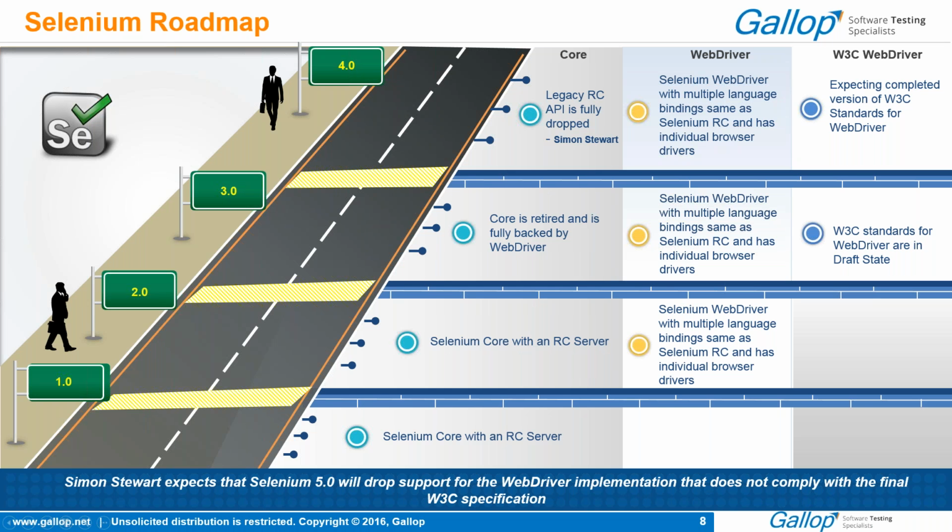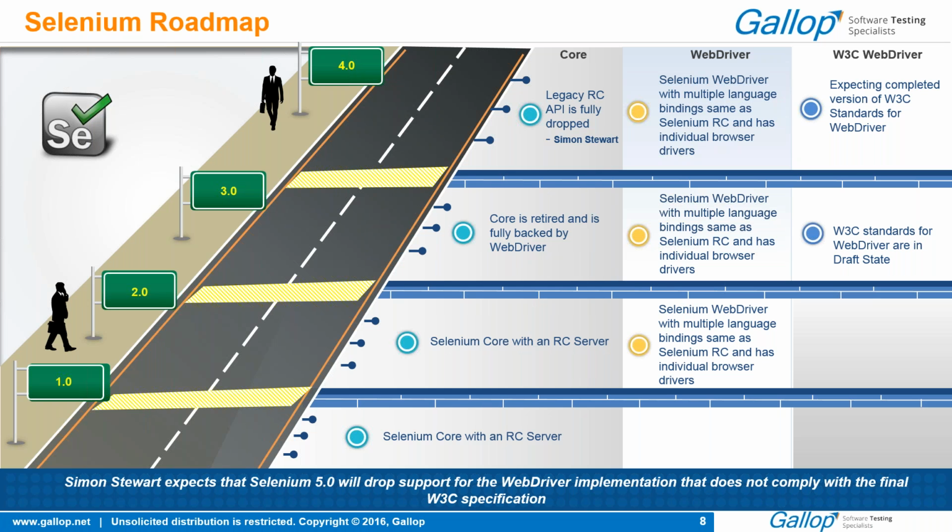Okay, now coming to 3.0, we have decided to retire core, and core is also fully backed by WebDriver. As I mentioned, there are various reasons, like because of the single origin policy in Web 2.0, the Selenium core architecture no longer works well in mobile and web automation, while WebDriver still fulfills the single origin policy and continues to work well with different automation tools.